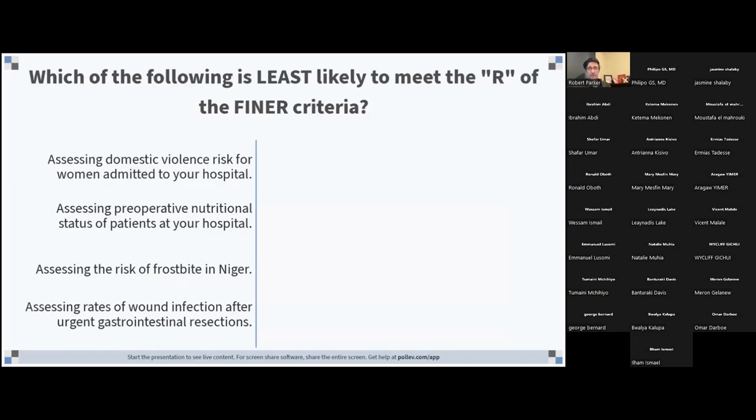And if you've got that figured out in your community, that's great, but most likely that's going to be a relevant topic. Assessing the preoperative nutritional status of patients in your hospital, that's pretty important for surgical outcomes. And assessing rates of wound infection after urgent gastrointestinal resection. Again, that's a problem that many of us deal with. And unless you've got it down to a 0, it's still an issue.